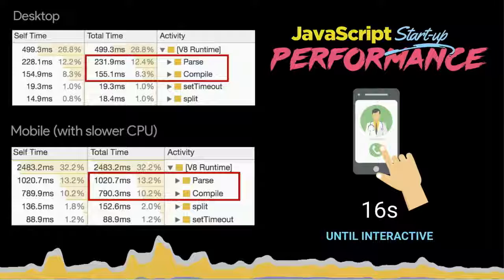You see, on desktop, the time it takes to parse and compile JavaScript is often several times faster than it is on mobile, where it can sometimes take 4 or 5 times as much time in order to process. This is one of the reasons why we see a lot of the web apps being built today using frameworks on mobile taking about 15 or 16 seconds to get interactive, unless you're keeping an eye on how to optimize that.